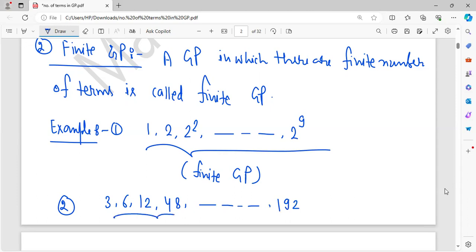So this is also finite GP because the last term is 192.